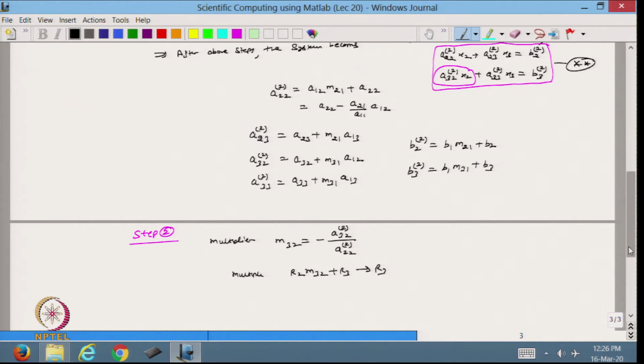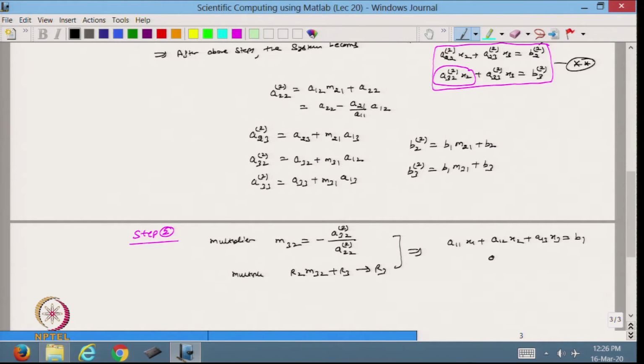After doing this I will get my system, because here I have to deal with only one element. So, I will get A11 x1 plus A12 x2 plus A13 x3 is equal to B1.